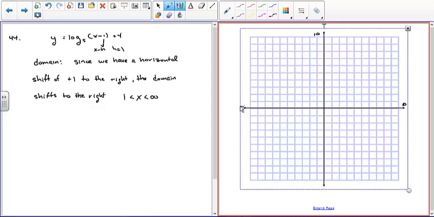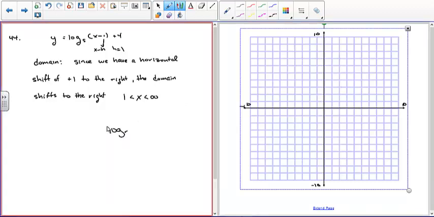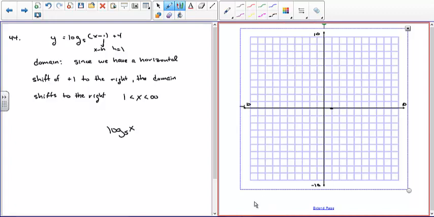First we plot log base 5 of x, a logarithmic function without any shifts. We can plot the x-intercept, which is 1.